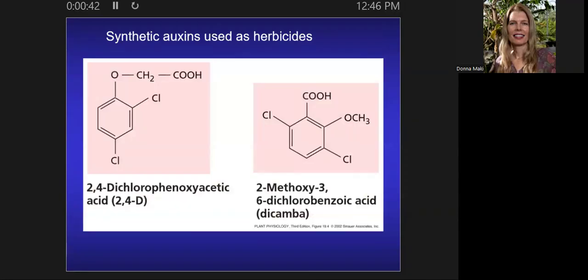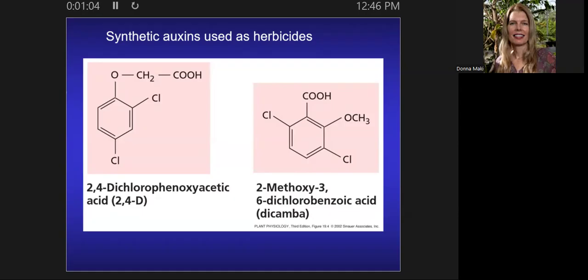So auxins, we know that auxins stimulate plants to grow, but if you overdo it, they can kill plants. Okay, so many hormones are dose dependent. Too much of anything can be bad for you. And so 2,4-D, you might have heard of 2,4-D as an herbicide, or dicamba.